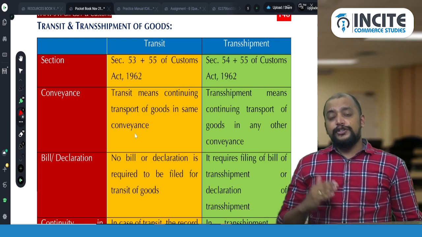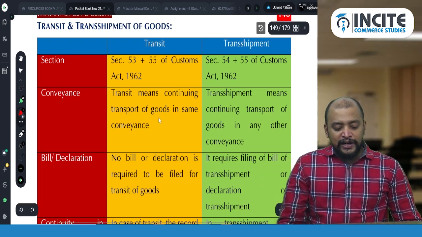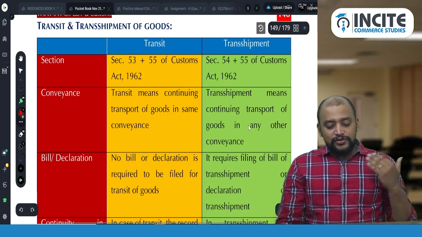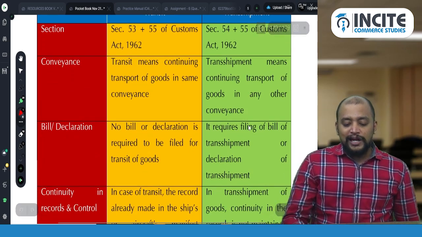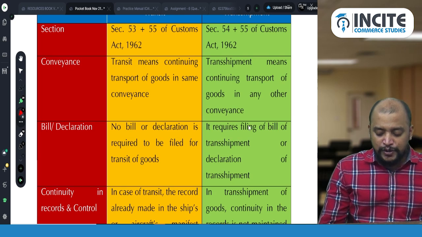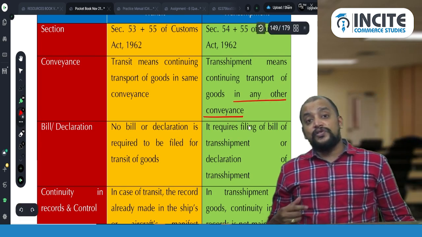So this is known as transshipment. Transit means continuing transport of goods in the same conveyance, whereas transshipment means continuing transport of goods in any other conveyance.